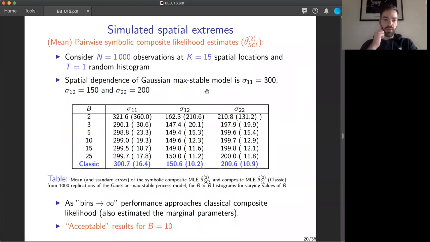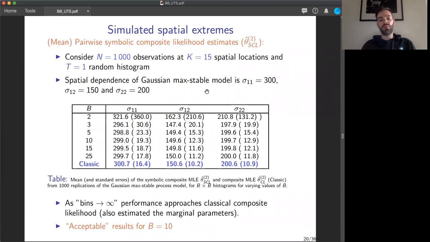Okay, but I can give you some kind of result that we have for a simulated example. So here we're looking at the pairwise composite likelihood estimates. I have 1,000 observations simulated at 15 locations in space.